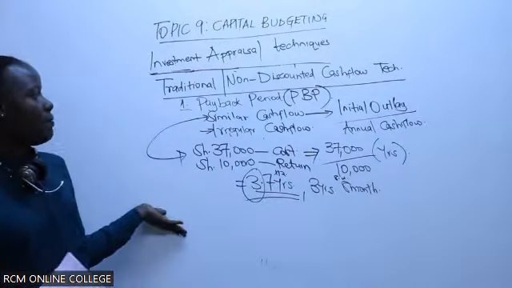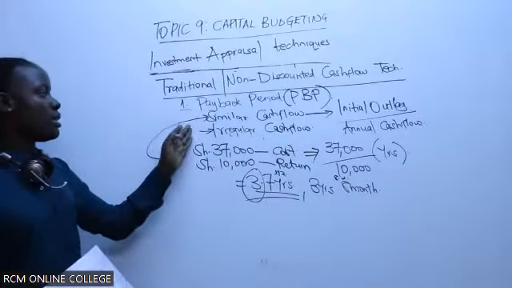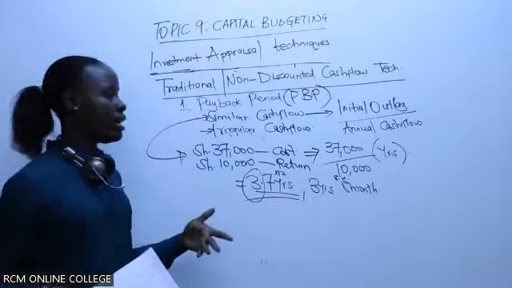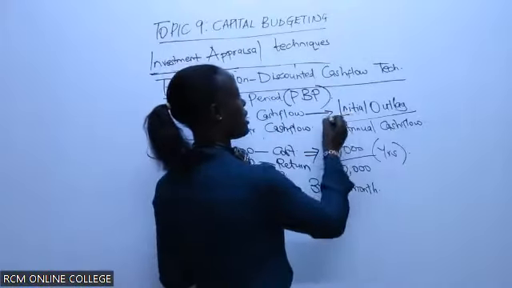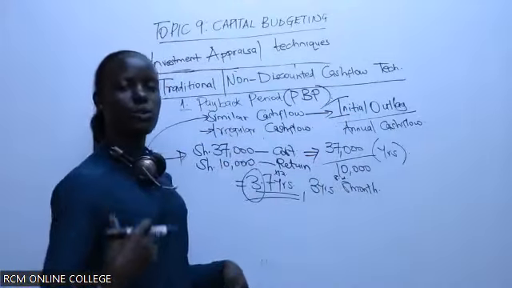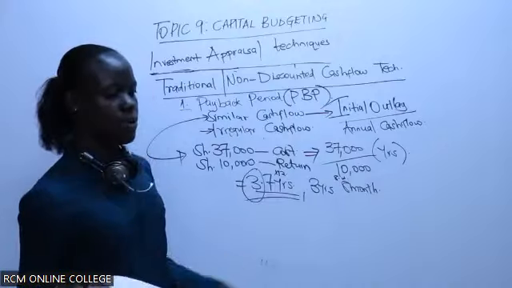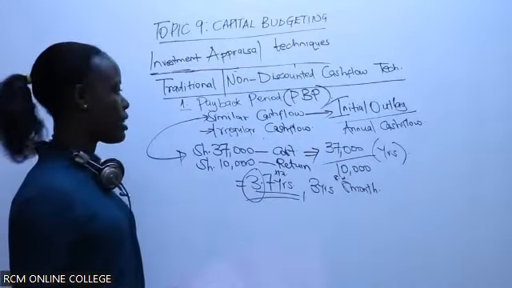This is basic. Calculating the payback period for a similar cash flow project is very easy. You just take the initial outlay, the amount that the investment costs, and divide by the annual cash flow. Is that okay?